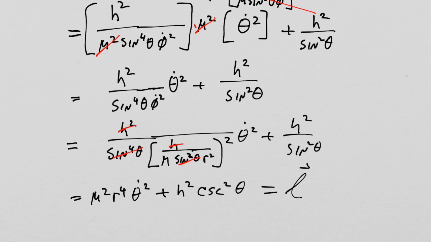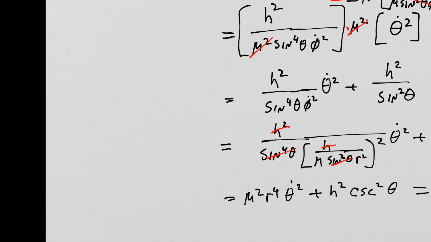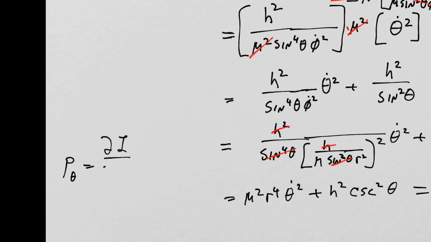Now, by the way, an important and interesting fact is that the associated canonical momentum, which is given by the derivative of the Lagrangian with respect to the coordinate, right? In this case, for the theta variable, that value is going to be mu r squared theta dot.